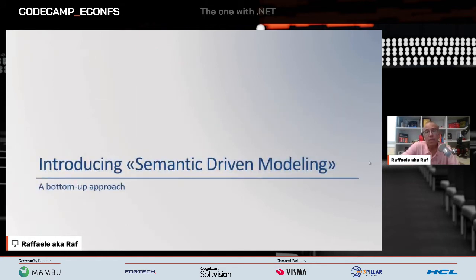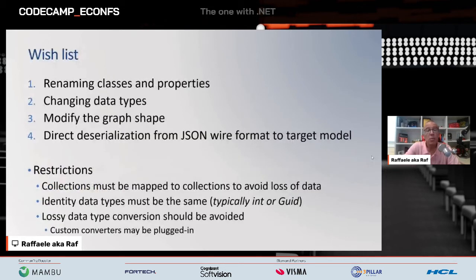So what is the idea behind semantic driven modeling? My wish list is having the ability to rename classes and properties, to change data types, to even modify the graph shape, as you have seen before in the two models that I presented. And also, I want to directly deserialize or serialize from the JSON wire format to the target model, and vice versa.